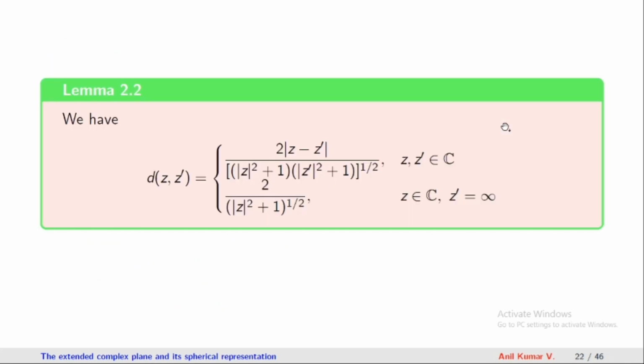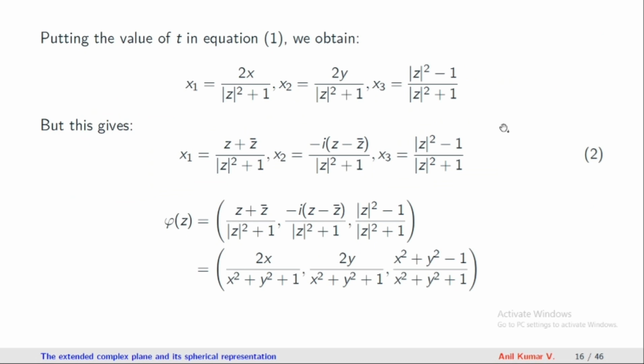From equation 2 we have x1 is equal to (z plus z bar) divided by (mod z squared plus 1), and x2 is equal to minus i into (z minus z bar) divided by (mod z squared plus 1), and x3 is equal to (mod z squared minus 1) divided by (mod z squared plus 1). Similarly for the expressions for x1 prime, x2 prime and x3 prime.